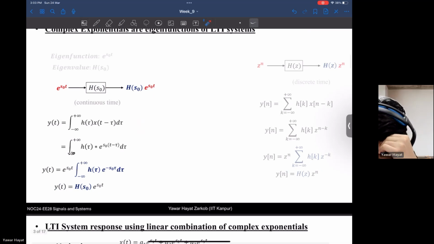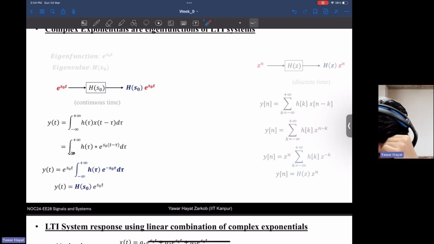So that was the proof for the continuous time case; this is for the discrete time case. The convolution sum can be written as y of n equals the summation over k from minus infinity to plus infinity of h of k x of n minus k, a well-known equation, and then we substitute x of n minus k by z to the power n minus k. Now in this summation, the summation is over the variable k, so we can take z to the power n out.